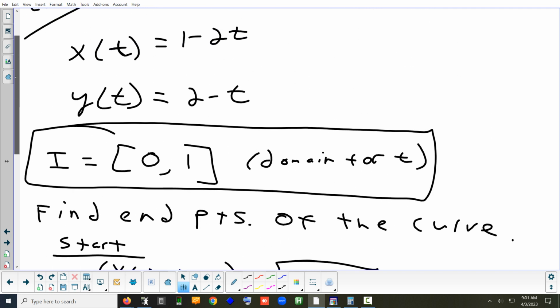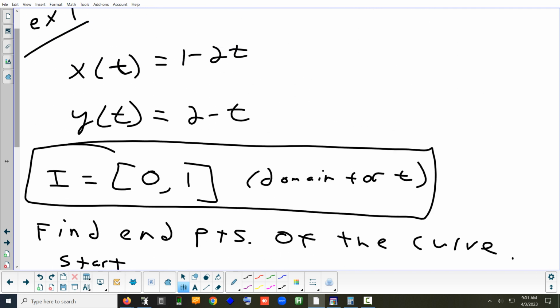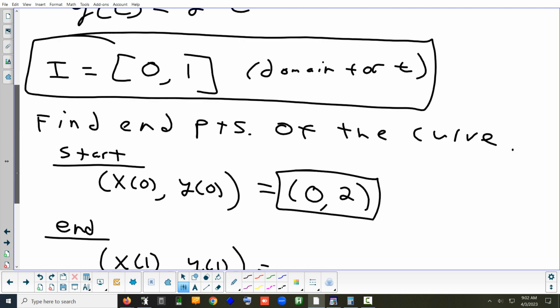So Eileen, if I plug 1 in for t in the x formula, what will I get? Plug in 1 for t right here, and then simplify. Yep, negative 1. Perfect. So 1 minus 2 is negative 1.